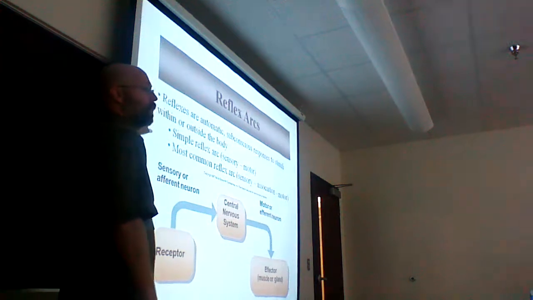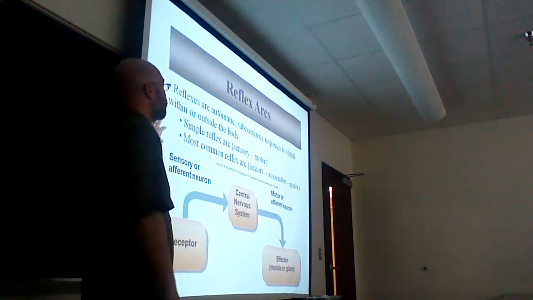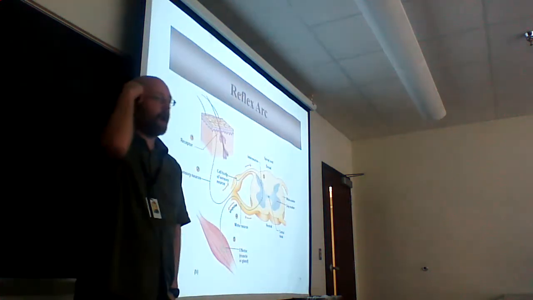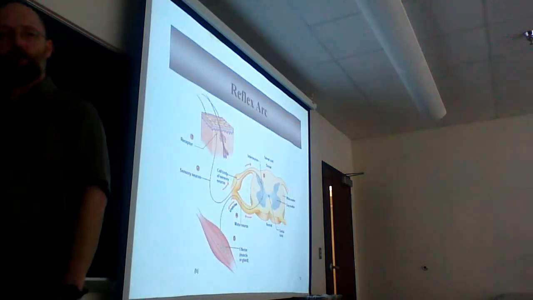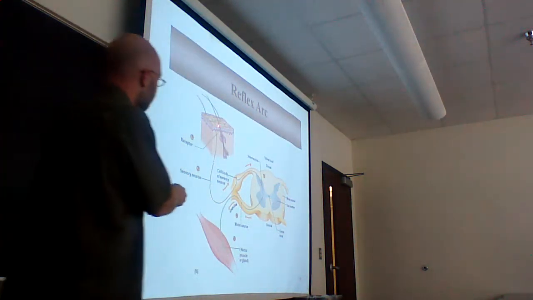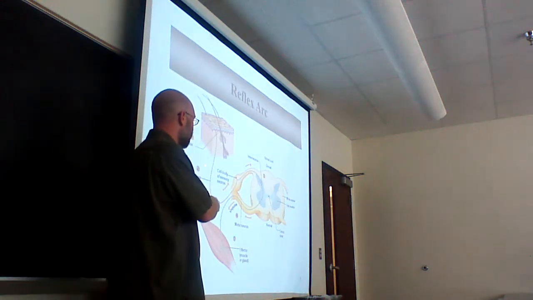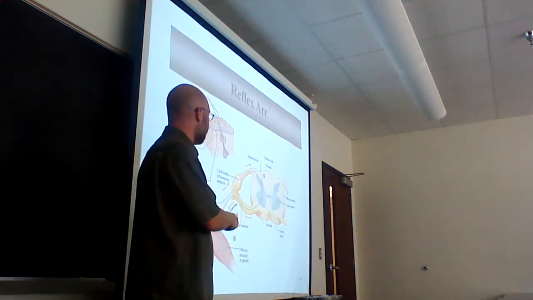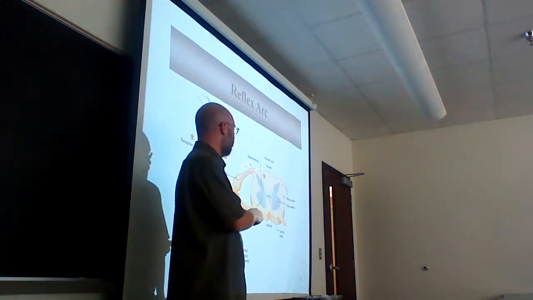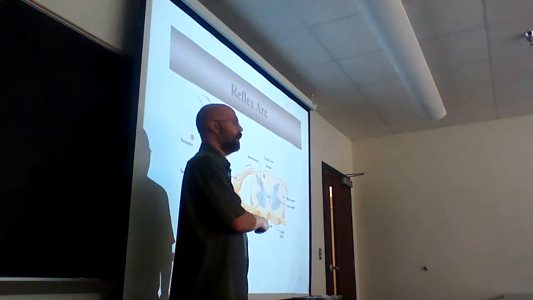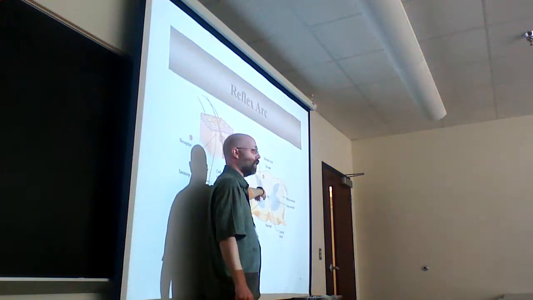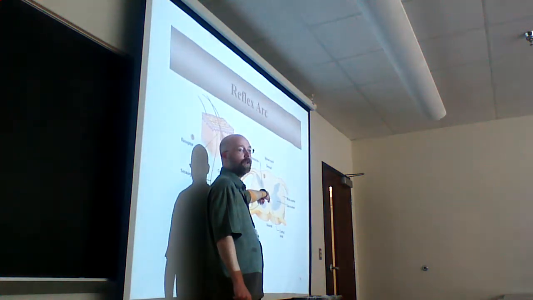The reflex arcs that we're going to talk about are spinal reflex arcs. Your brain is not involved in spinal reflexes. Information is going to come in from a sensory neuron, which is a unipolar neuron whose body is in the dorsal root ganglion. That information is going to come into the central nervous system. Here, it's shown as having an intermediary central nervous system neuron called an interneuron.